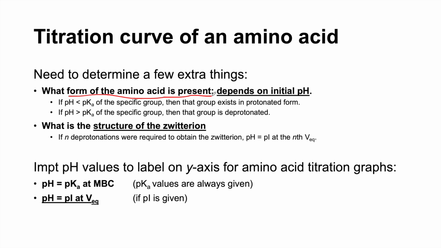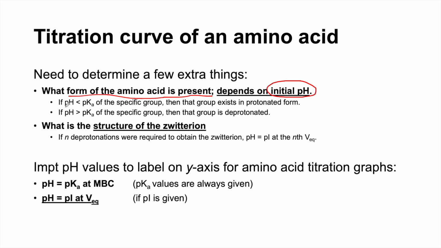That depends on your initial pH, because each group, each amine or each carboxylic acid group of the amino acid, has its own special pKa, and so you will need to determine if that group will exist in protonated form or not, because that will influence the number of neutralizations and equivalence points that you have on your graph.